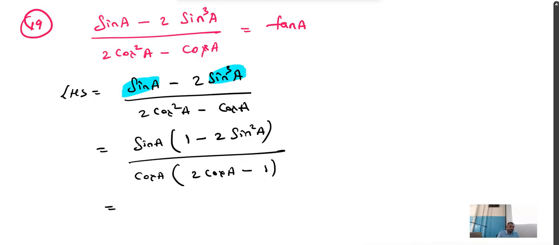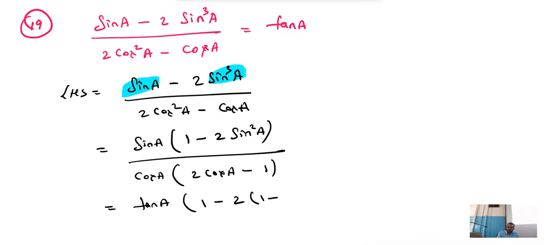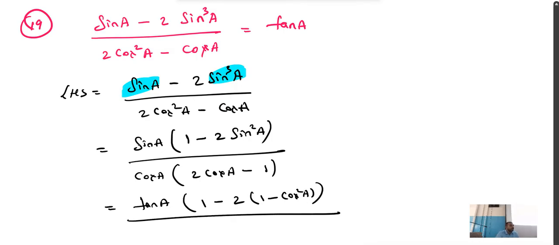What is sin A by cos A? Tan A. Okay. 1 minus 2 sin square A. What can sin square A be written as? 1 minus cos square A. Close the bracket. Remember, we know that sin square A plus cos square A is 1.